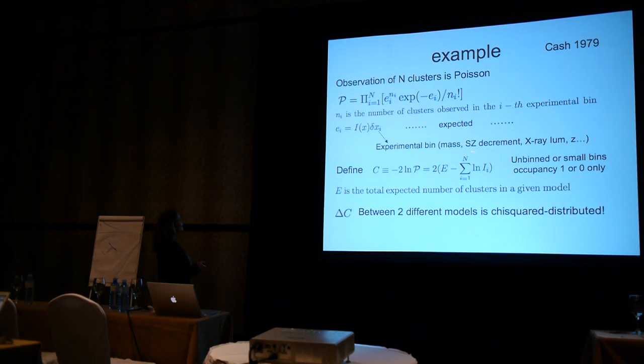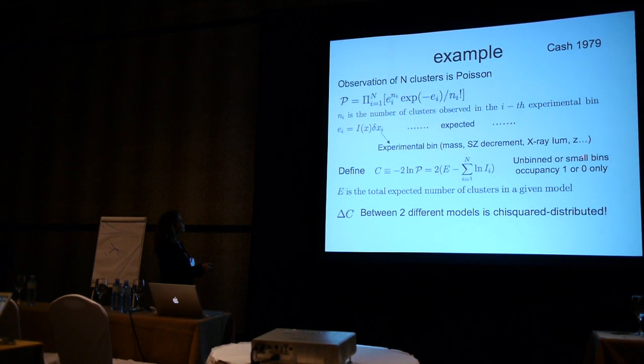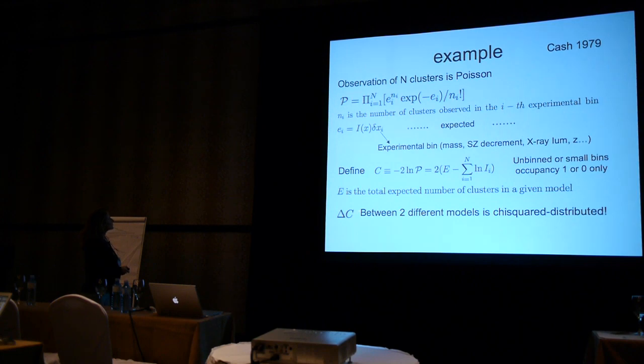And you can write it this way. If you write it this way, this is the total expected number of clusters in a given model, and this is your distribution of the n_i. Either it's a bin or you take small bins with occupancy of 1 or 0 only, and then it basically turns out that the delta C between two different models is chi-square distributed. So you started off with something that is Poisson, and you work out exactly what kind of likelihood you need to use. So that's an example.